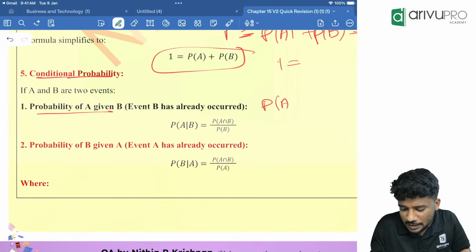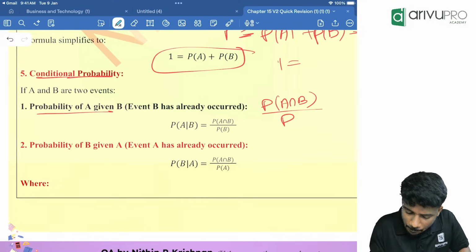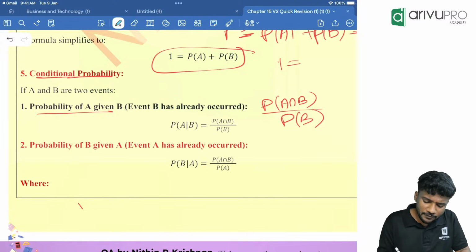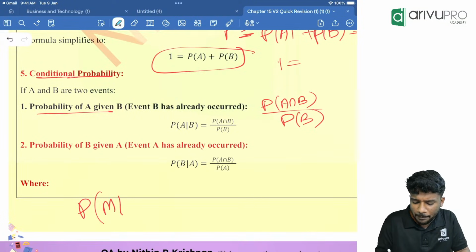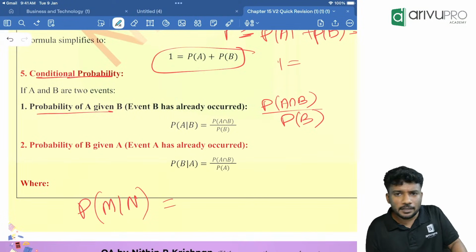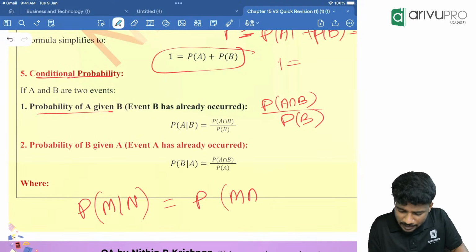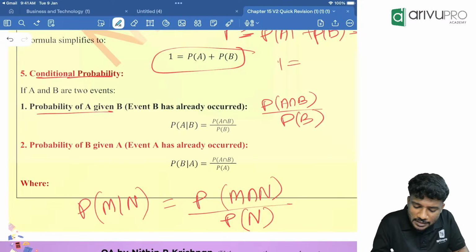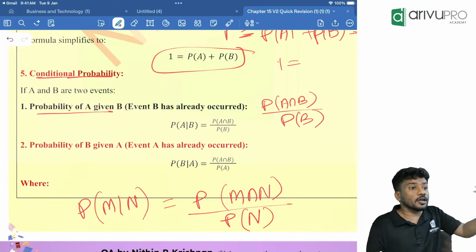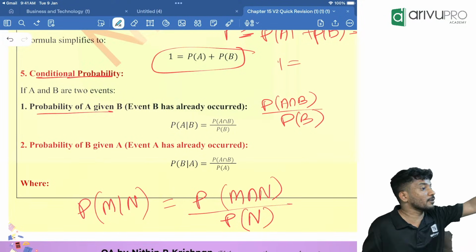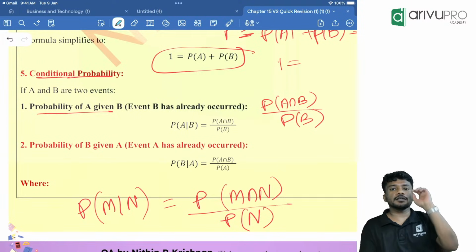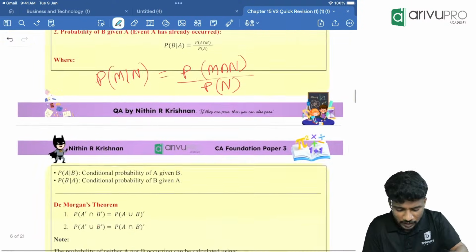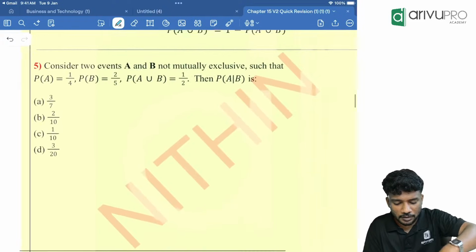P of A intersection B divided by P of B. Now, what if the question is like this? P of M given N. How will you write it? P of M intersection N divided by P of N. So whatever event has already occurred will be there in the denominator. Remember that. Okay. With this logic, we will try to solve some questions.